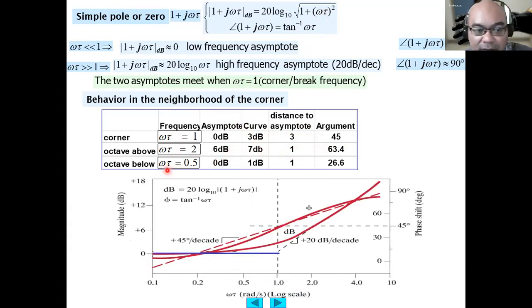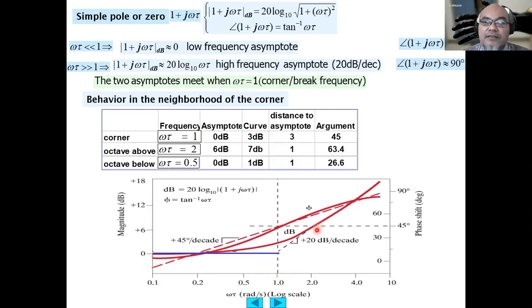Let's see here. This is the simple pole, 1 plus j omega tau. The magnitude is this, on the left side. This is the corner or break frequency, when omega tau equals 1. For example, the first one is this part.